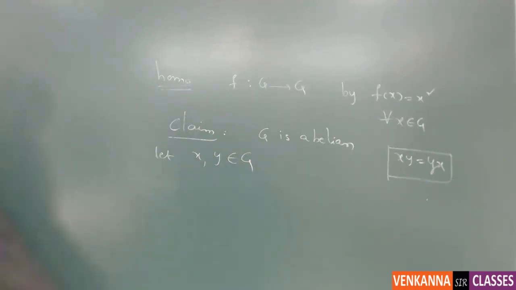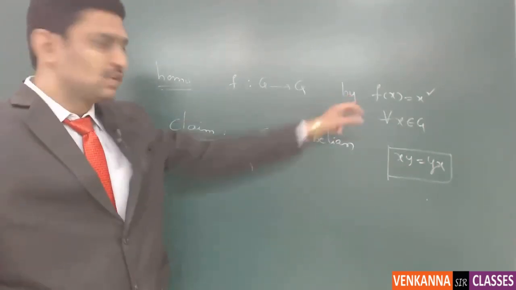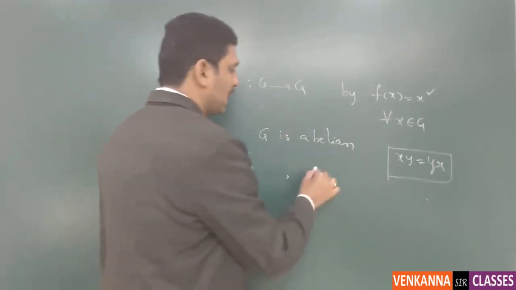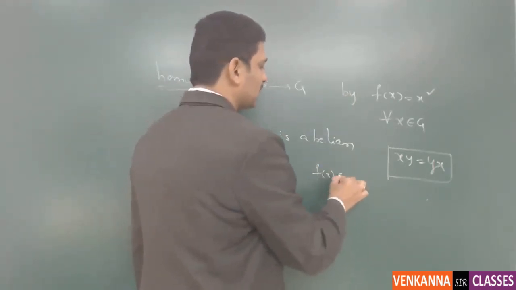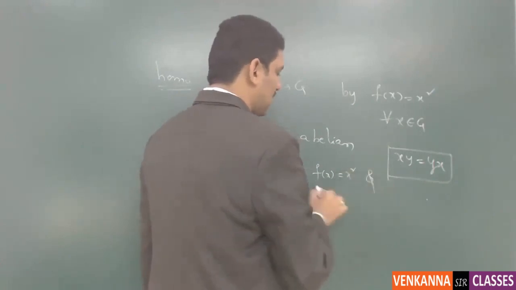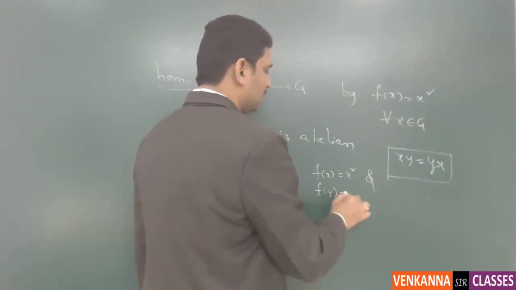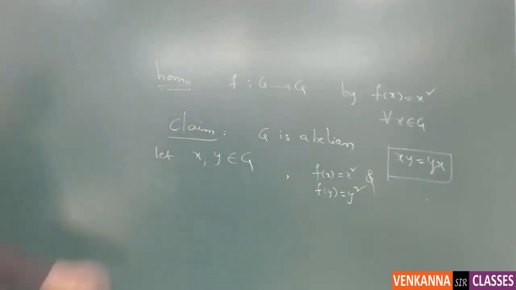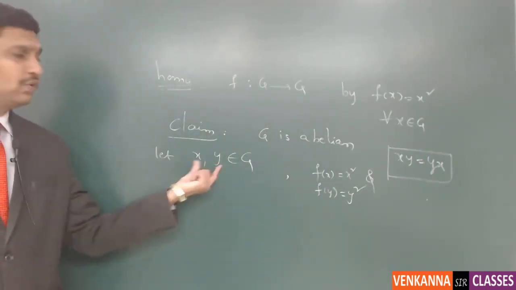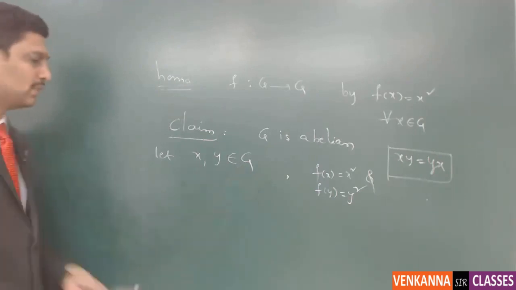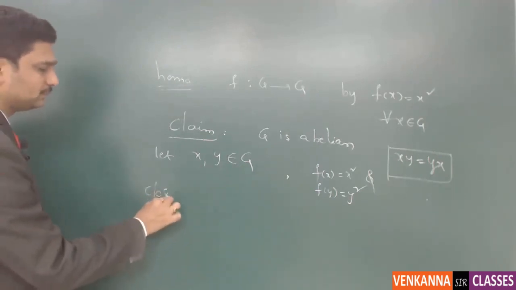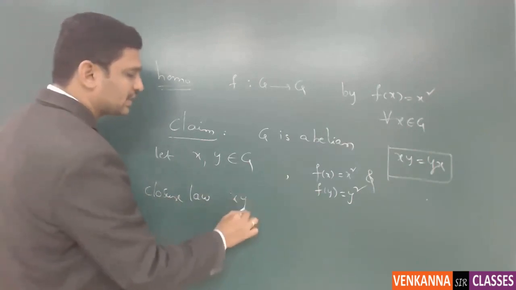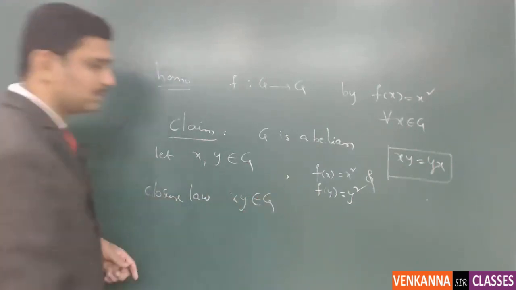From the very definition, applying to these elements, we have f of x equal to x square and f of y equal to y square. When you take two elements in the group, by closure law, xy also belongs to the group.